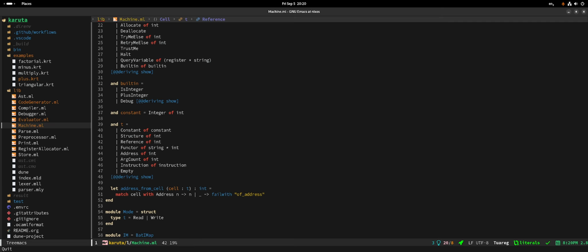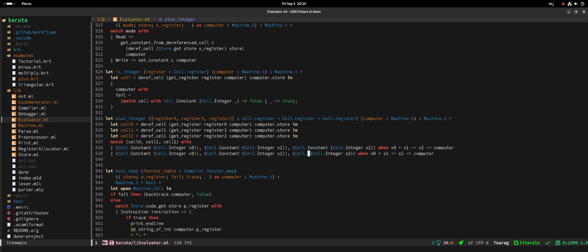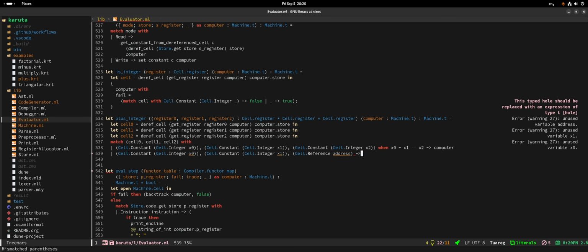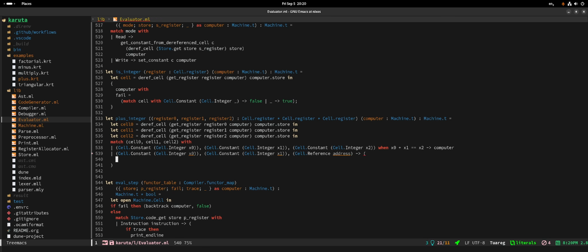Why a reference in this case, though? Because in that case, we have two numbers that we're trying to add and we want the output, right? Exactly. But why a reference still? Because we just did the deref, which means if we have a reference on the third cell, that means the third cell is actually a free variable.